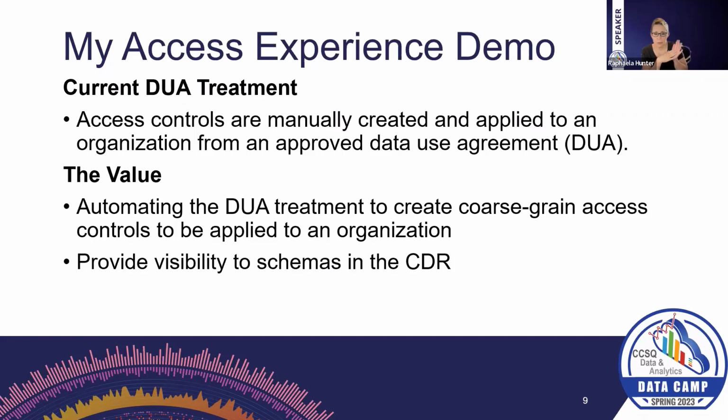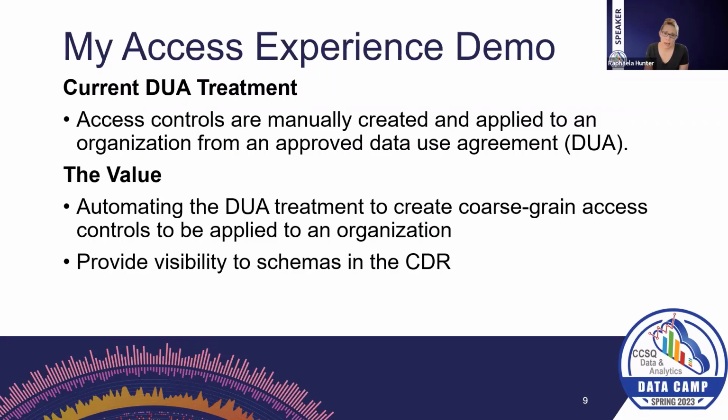So I know this all sounds great, but how is the list of approved schemas we provide to our users accurate or even possible? It's made possible by DUA to schema mapping. And so what is a DUA? Data Usage Agreement.